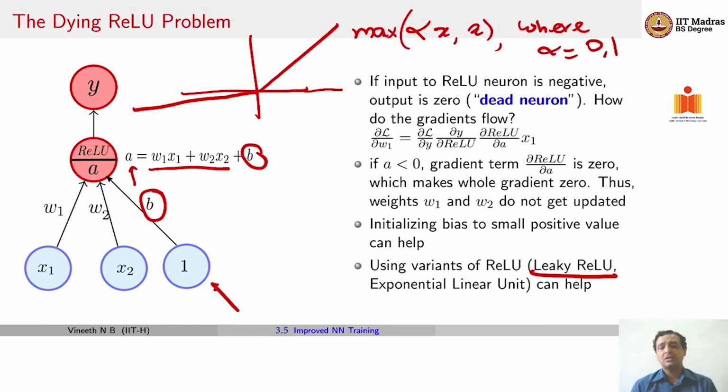This lets the output of the ReLU not become 0, which may kill the gradient, but let a small gradient at least pass through the neuron, so it doesn't stop contributing to the neural network, at least contributes marginally. Exponential linear unit or ELU also has the same effect.